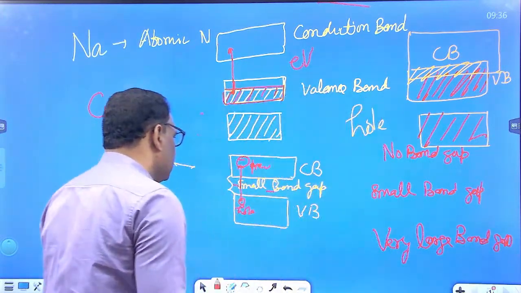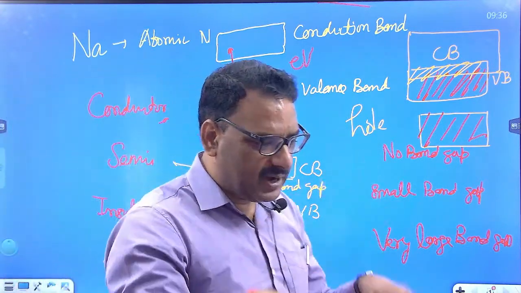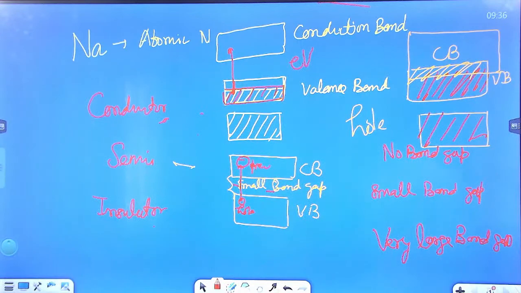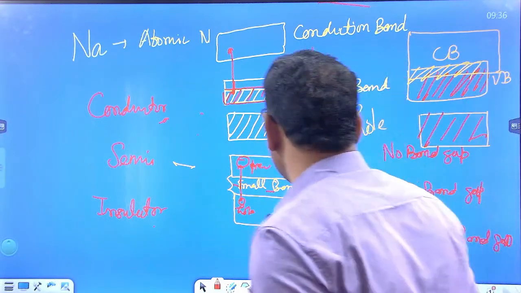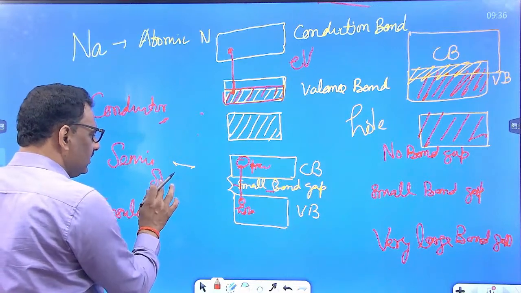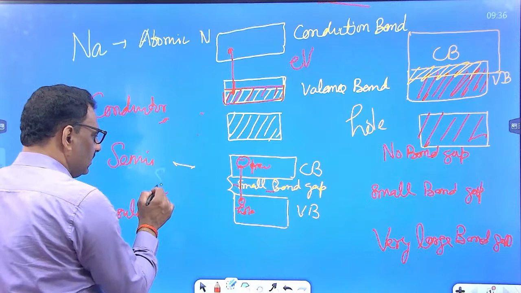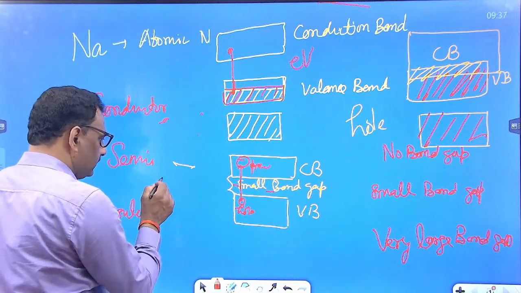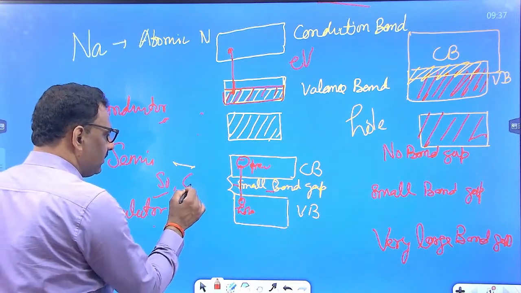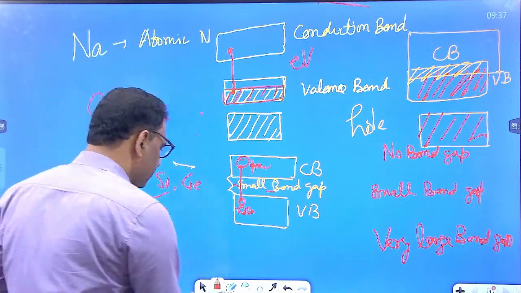So if you go for a semiconductor, in the periodic table fourth group elements are semiconductors. Basically we have well-known semiconductors silicon, Si, and germanium.